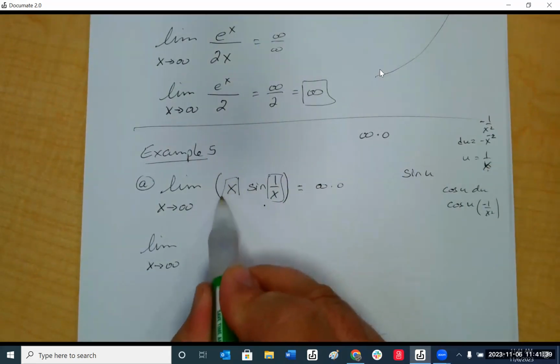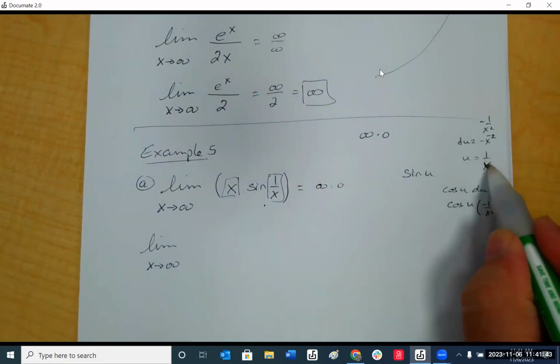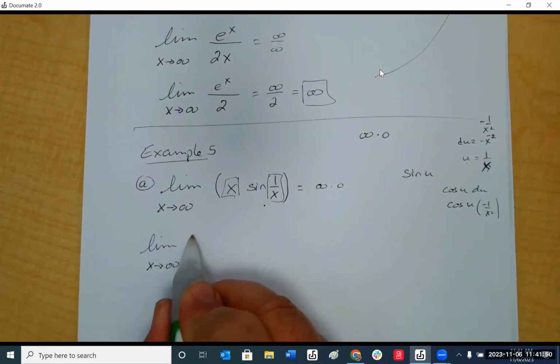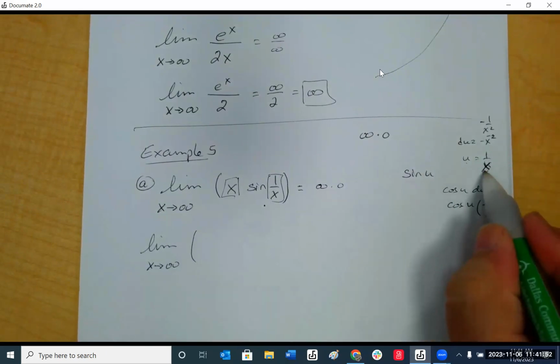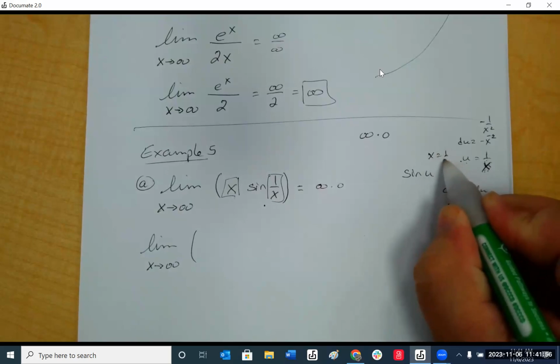Okay. So what would this one be? If u equals 1 over x, then what is x? Solve for x. Multiply both sides and divide by u. So x is equal to 1 over u.